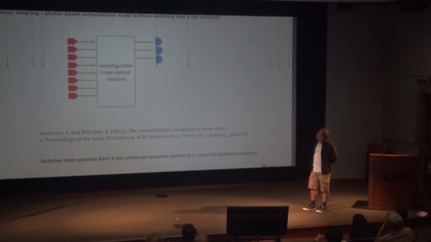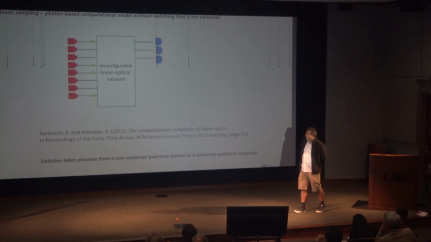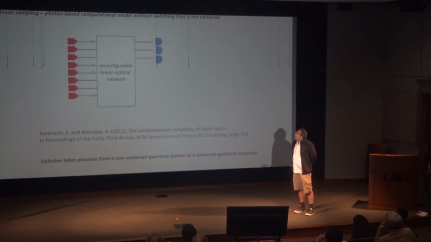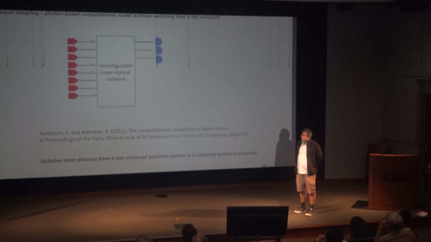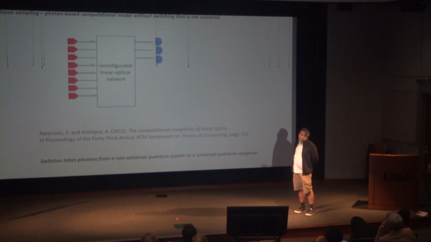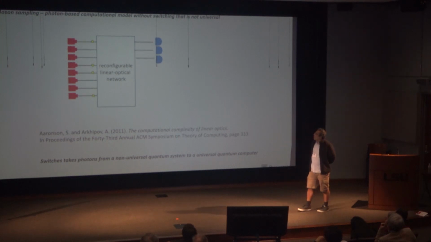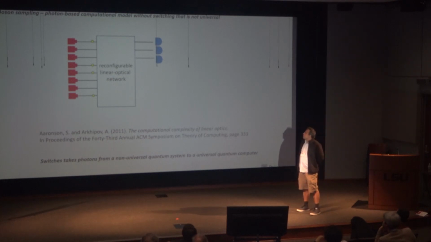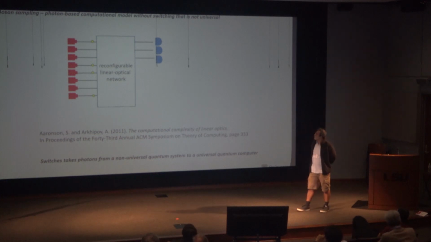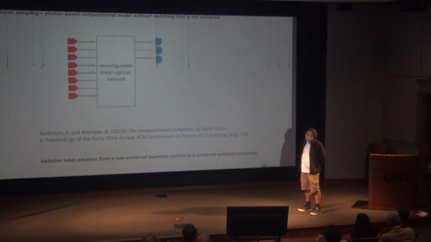But before I proceed, I should point out that there's a bit more to switching. And in some sense, they are a fundamental requirement for linear optical quantum computation. And so, one very famous point of reference, which has come up already a few times in the last couple of days, is boson sampling. This is a model of quantum computation that has most of the same elements as a universal photonic quantum computer.